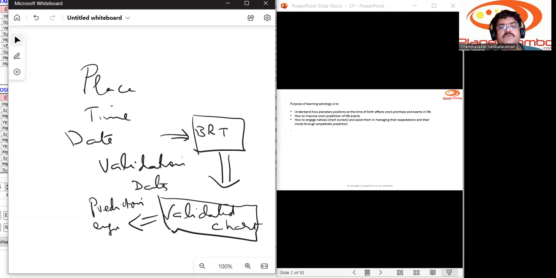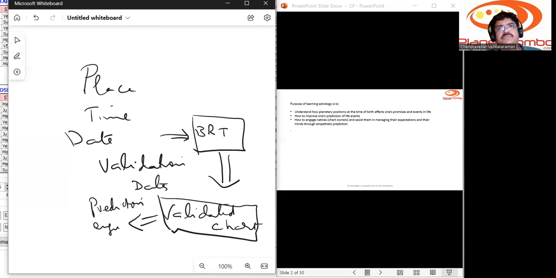In the next lecture, we will start covering the real players in astrology. The planet is a very important player. The house is a very important player in astrology. We will cover those aspects one by one, and then we will draw up a chart, understand the chart, validate the chart, and do the birth time rectification of the chart.